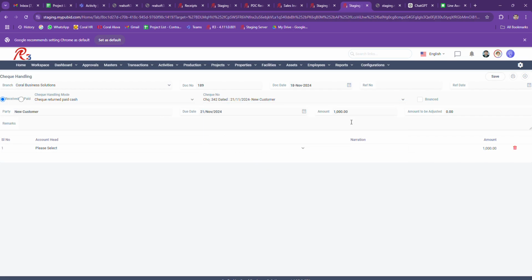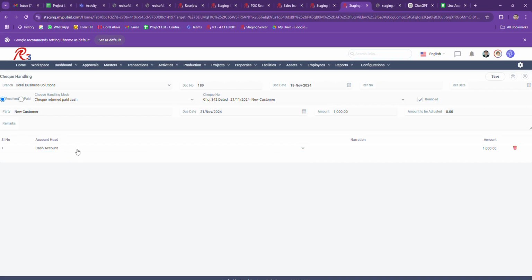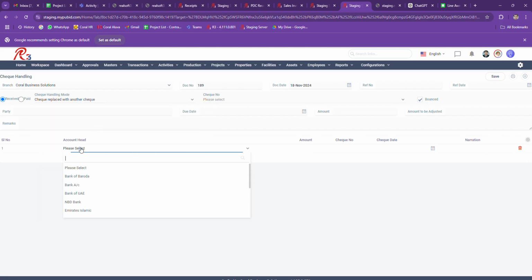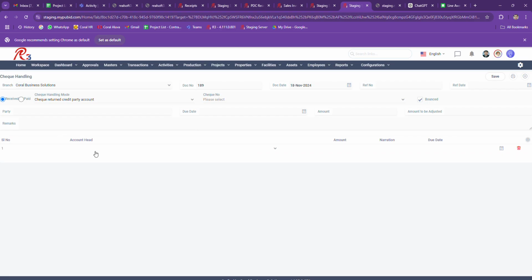This is 342, the 1000. Then you can see if it is bounced, you can specify that, and remarks also you can specify. For the new account head, if it is return paid with cash, you have to specify the cash account only. You can see only the cash account here. If it is any other thing, you won't see the cash account. You will see the bank account only. If it is credit party, that means you can specify the party account here.